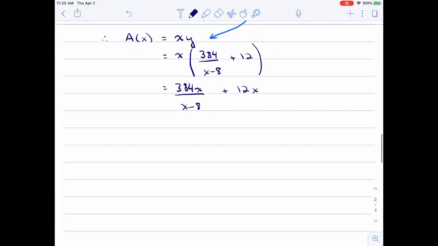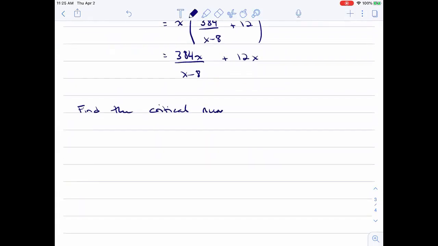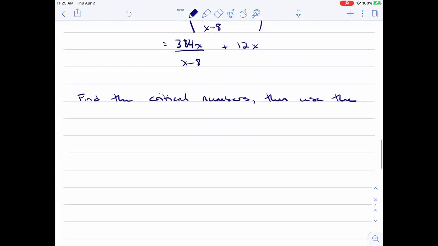Okay, so here we're going to find the critical numbers, and then use the first or second derivative test or the closed interval method to find the minimum.